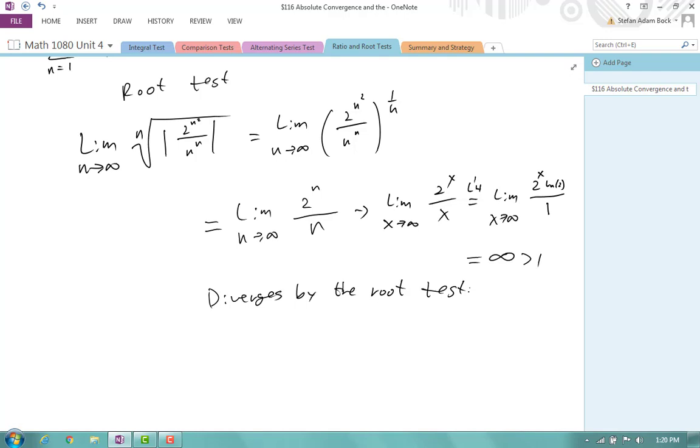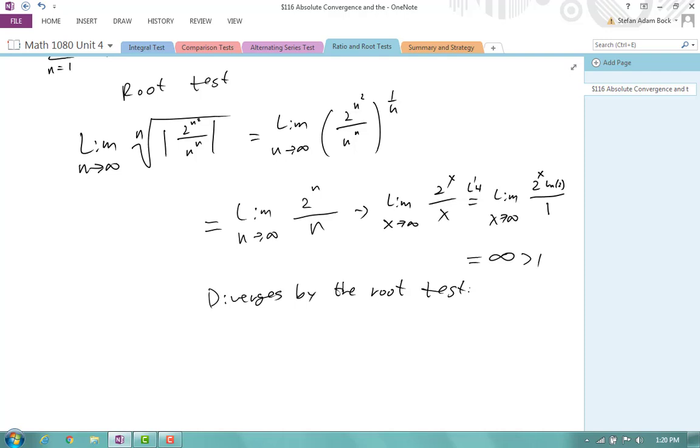Now the root and the ratio tests are very important tests for future sections. We'll get into 11.7 in the next video, which is some rough guidelines about when to use which test. For example, if my root and ratio tests are inconclusive, I'll be forced to resort to one of the other tests, such as limit or direct comparisons, or some of the best tests.